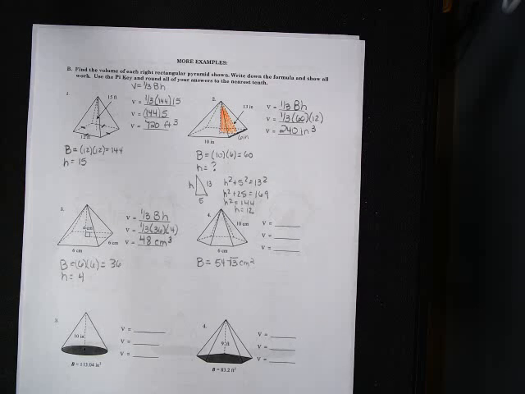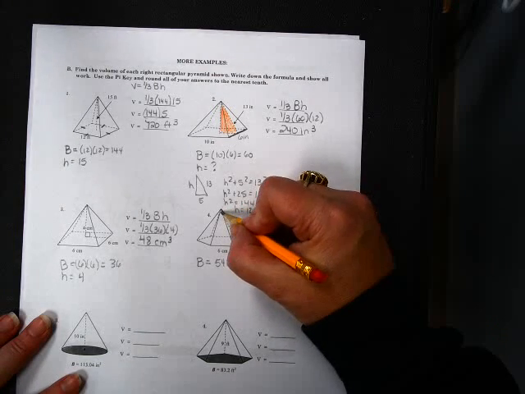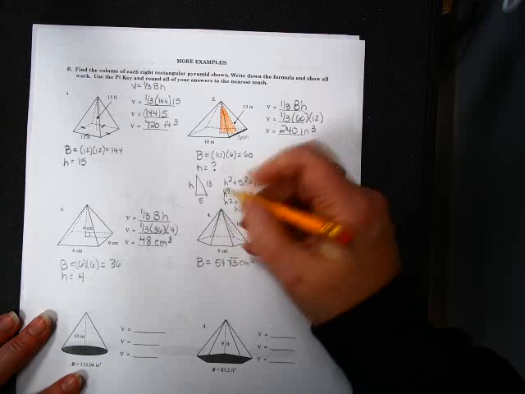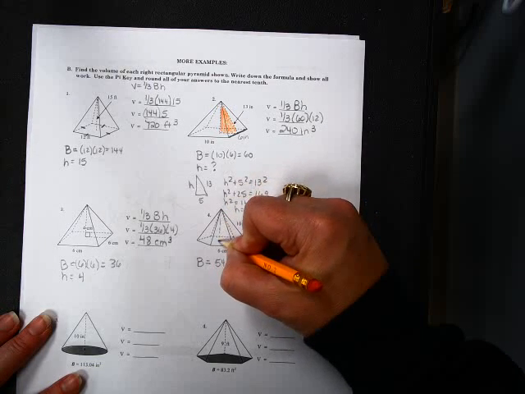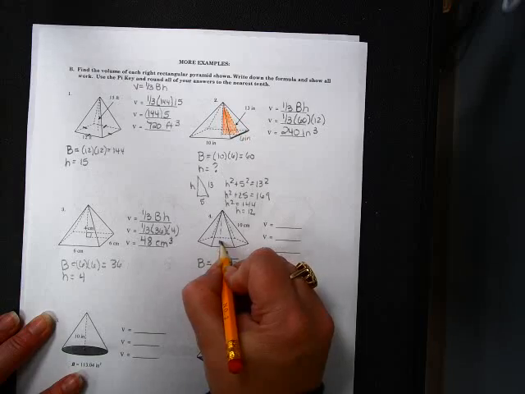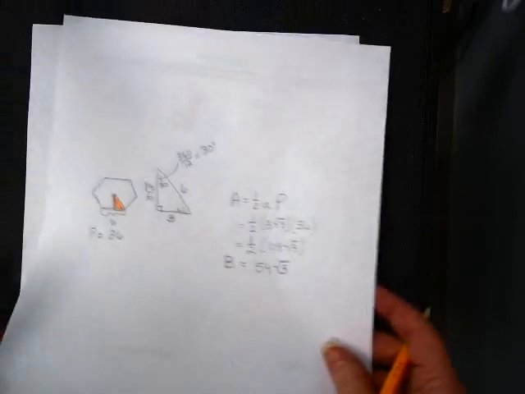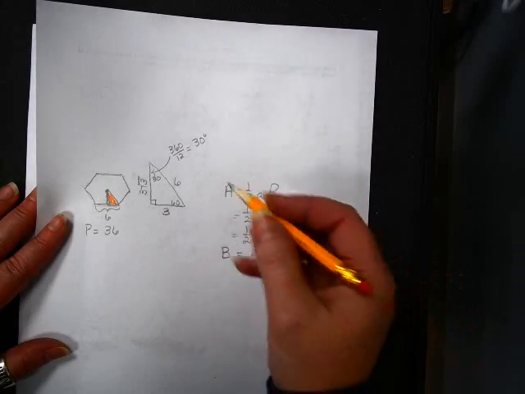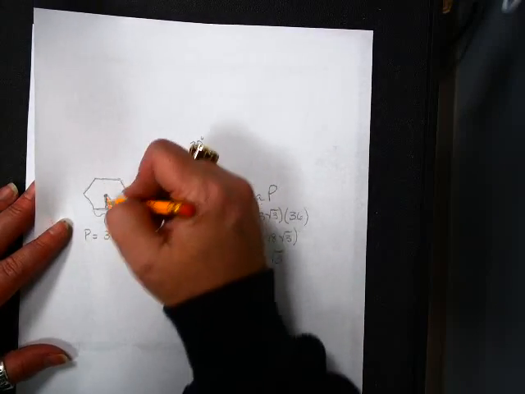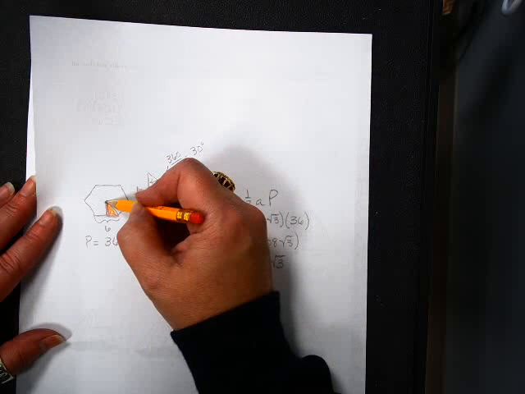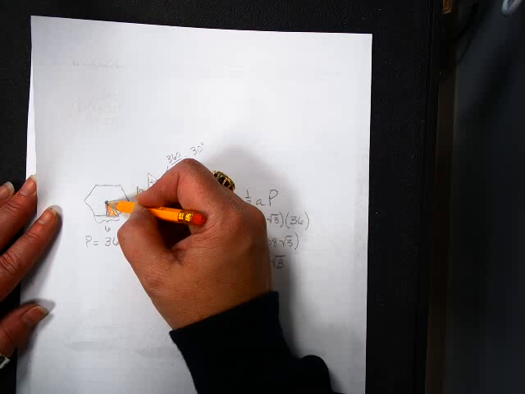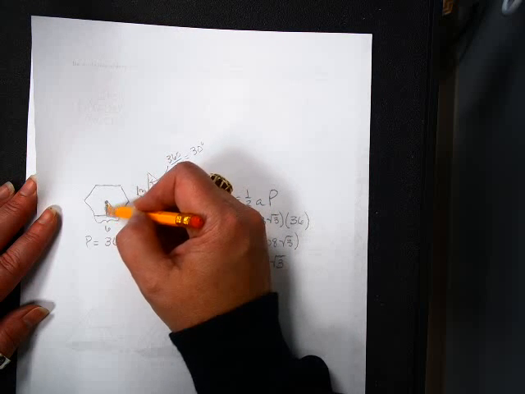Do we have everything we need? No, unfortunately not. We have to drop a perpendicular down here and over to the side. So if you notice here, if I drop a perpendicular straight down and go straight over to the side, what's that called?